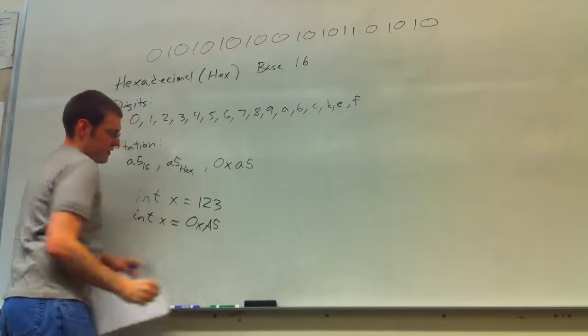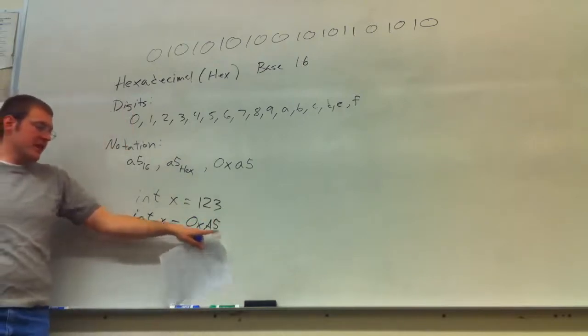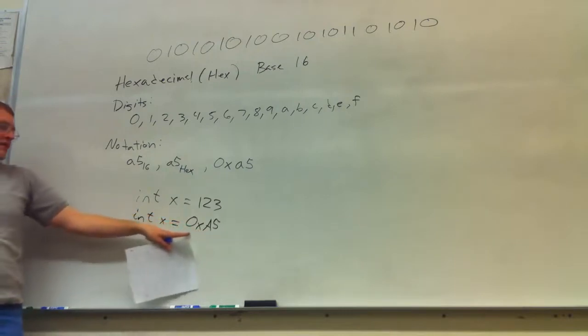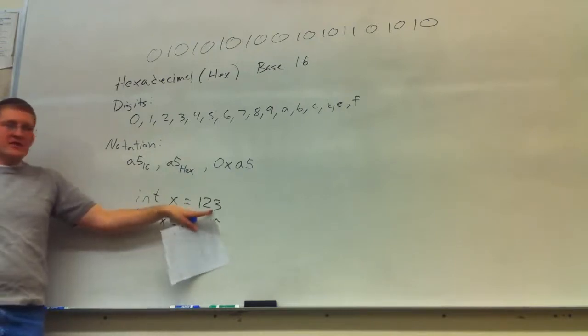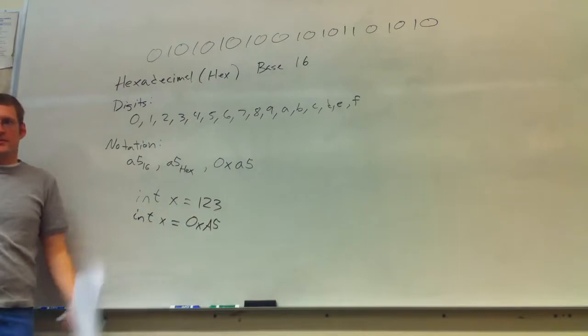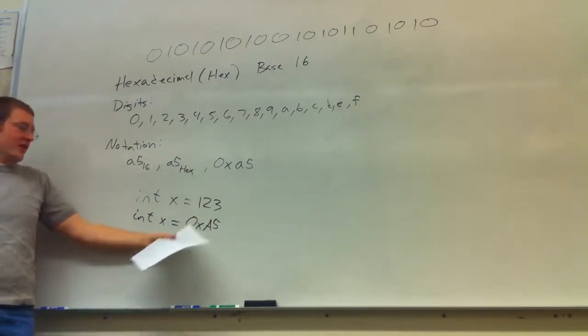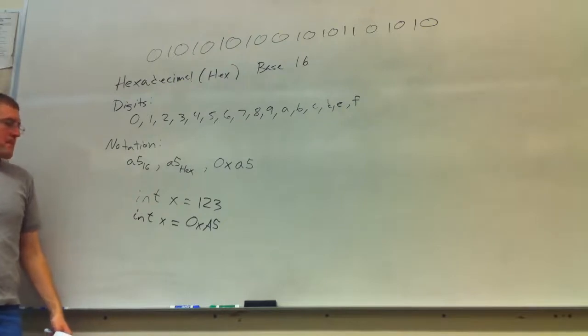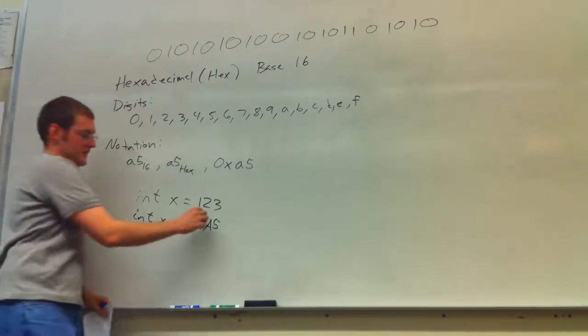I can go 0xA5. Basically it says, oh, it's going to be hex A5. This just tells the compiler that I'm using a hex number instead of a decimal number. So the A5 is the real number, 0x is just the indicator.